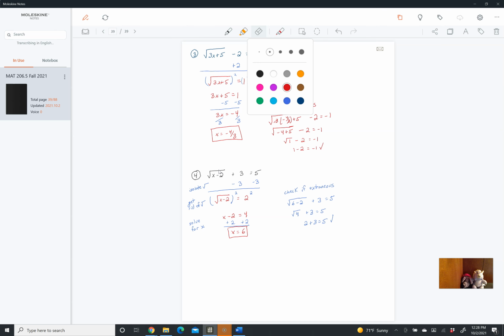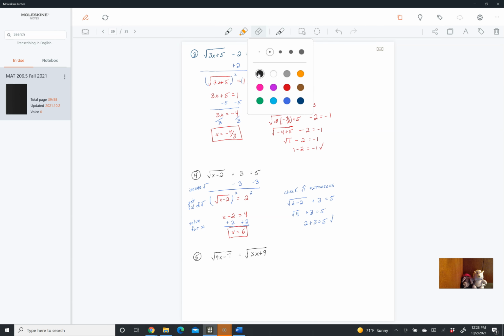Okay, now the next one is just slightly different. Let's say that we had the square root of 4x minus 7 is equal to the square root of 3x plus 9. Okay, so in this case, we have a radical on both sides.